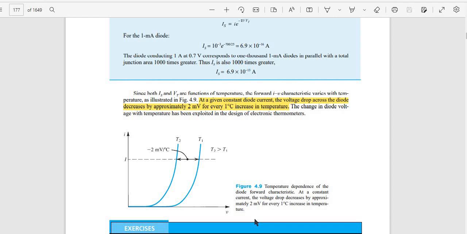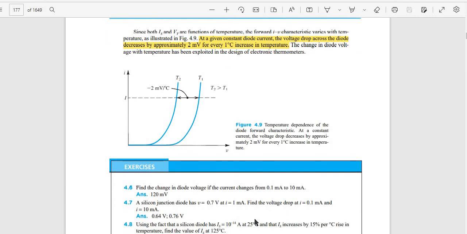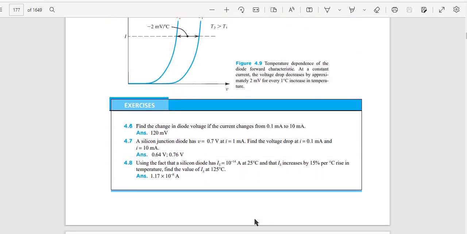The change in diode voltage with temperature has been exploited in the design of electronic thermometers. Temperature dependence of the diode forward characteristic. At a constant current, the voltage drop decreases by approximately 2 millivolts for every degree increase in temperature. Exercise.